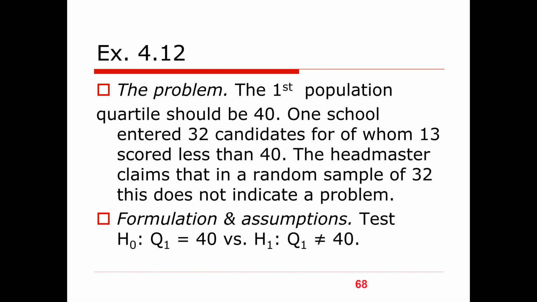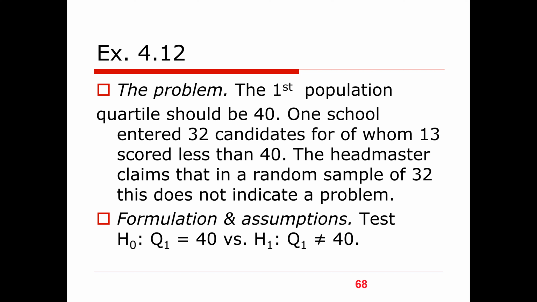Example 4.12. For a math test, the national standard is 1/4 of the students will get a score less than 40. A school had 32 candidates taking this exam, and then 13 of them scored less than 40. So based on the national standard, if 1/4 are less than 40 for 32 candidates, it should be 8 of them scoring less than 40.